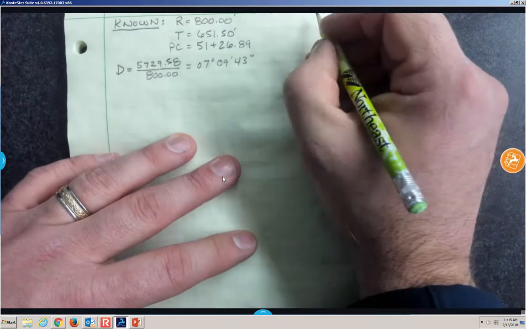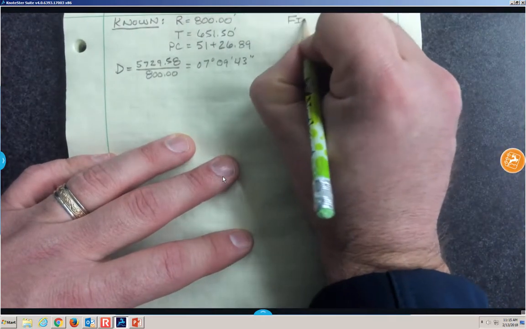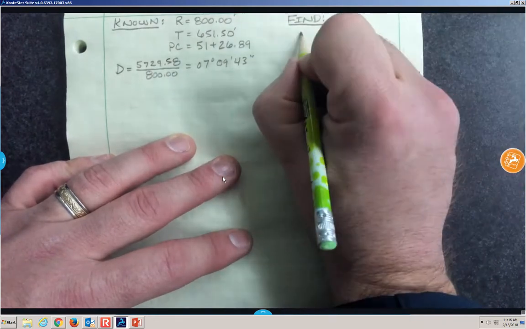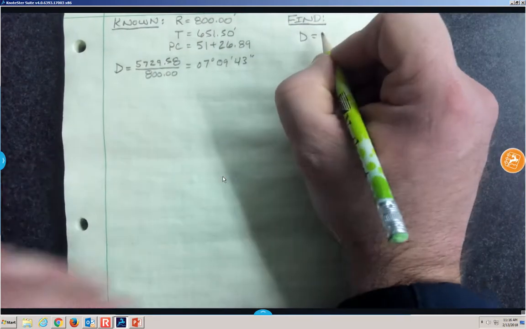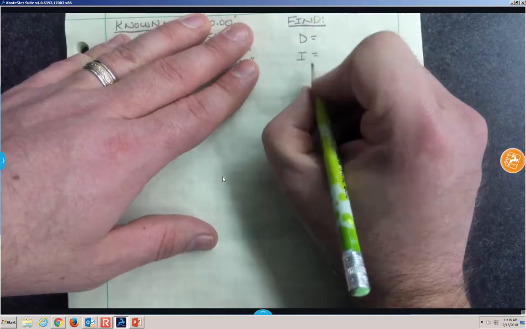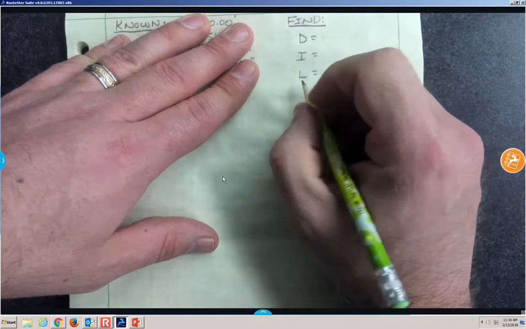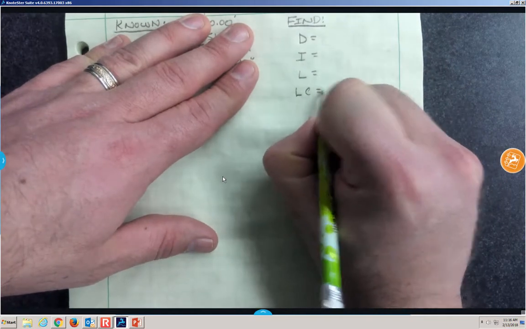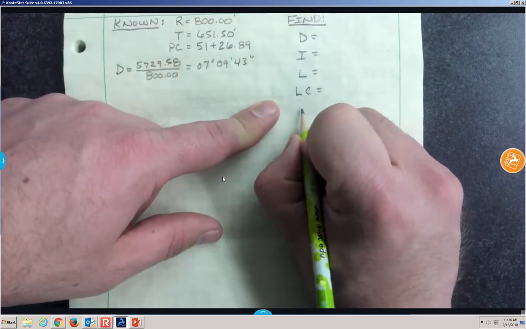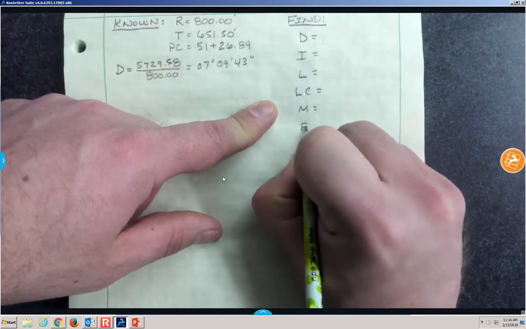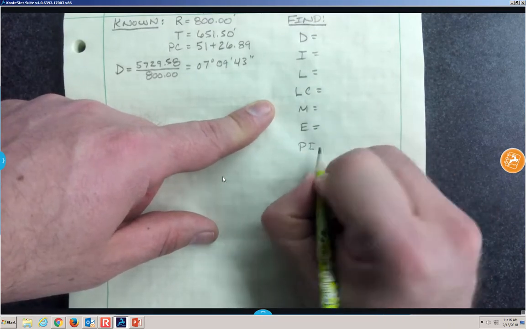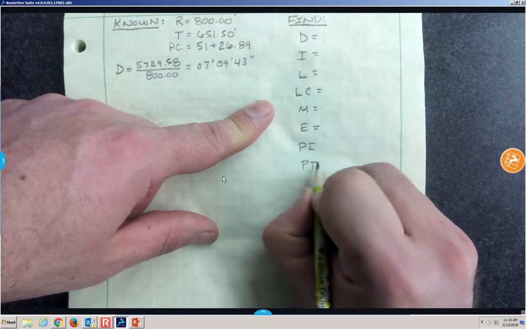Okay, so let's write over here all the things that we have to find. I forgot to do that. I did 579 instead of 5729. So we need to find D, I, L, LC, M, E, and then the PI and the PT.